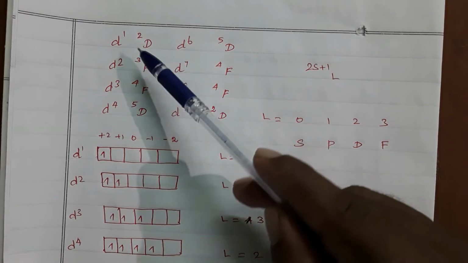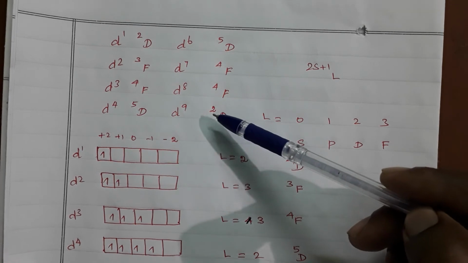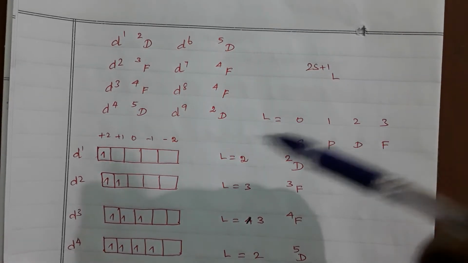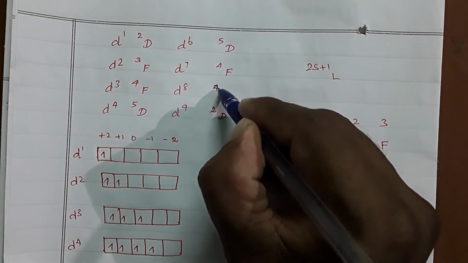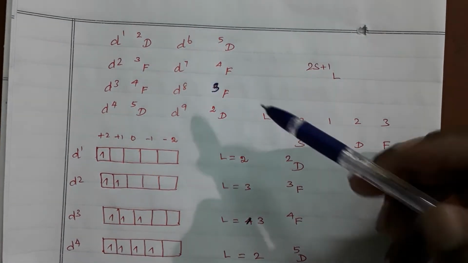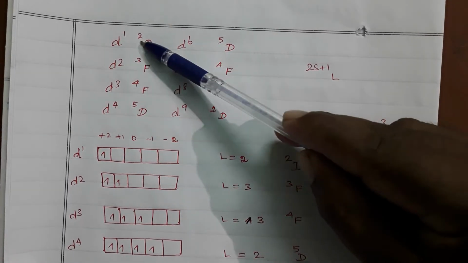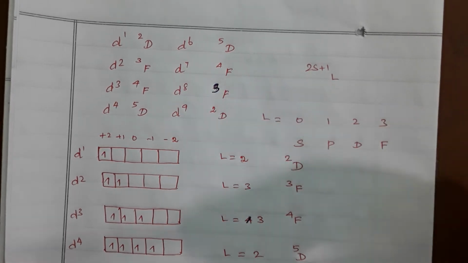See the numbers 2, 3, 4, 5, but here it is inverted. Sorry, 2, 4, this one is 3. Now here it is an inverted one. So 2, 3, 4, 5, and here 4, 5, 4, 3, 2.